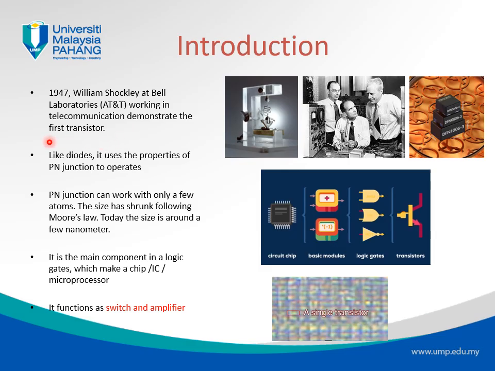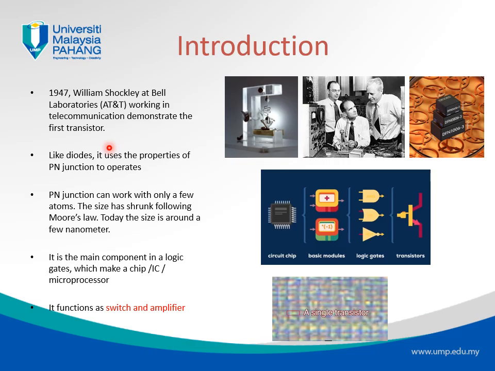the first transistor. And just like the diode, these components made of semiconductors were usually found at around the same time, basically to make components that would work for telecommunication technologies, right? So just like a diode, it also uses the properties of the PN junction to operate.